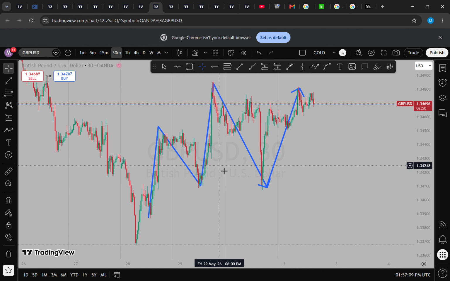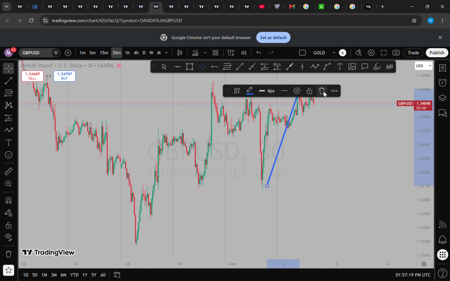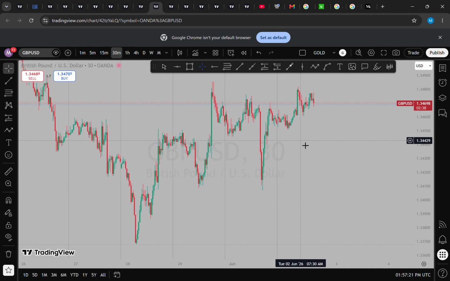Structure broken here, then we have this massive retracement, then we keep buying. Very, very important, major structure. Learn how to identify major structure, then the job will be easy for you.